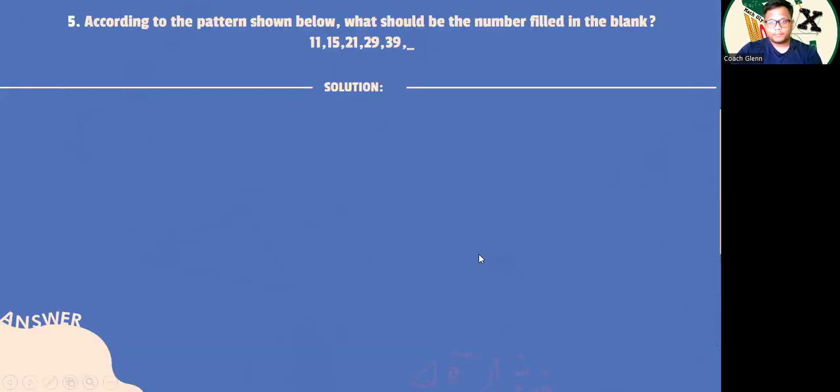Number 5, according to the pattern shown below, what should be the number filled in the box? Can I answer?